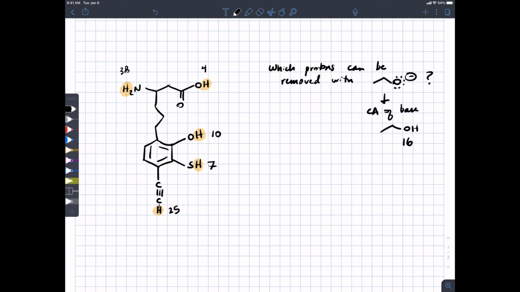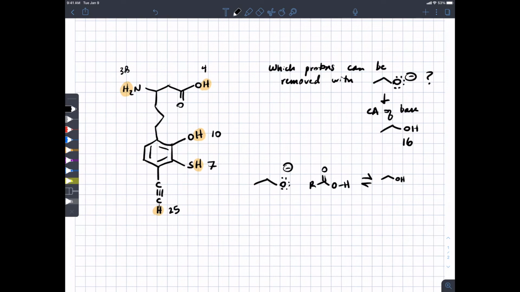All right? So having identified the acids that we're willing to worry about, that show up on a pKa table from your text, the next question is, which of these could be removed by ethoxide? And to do that, you can do this slowly by putting ethoxide here in equilibrium with the functional group that you're interested in.